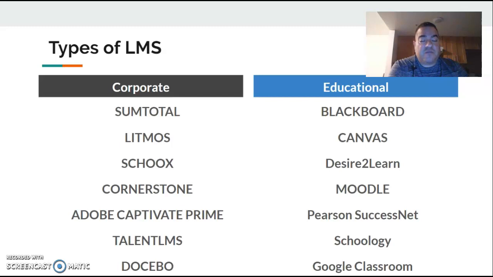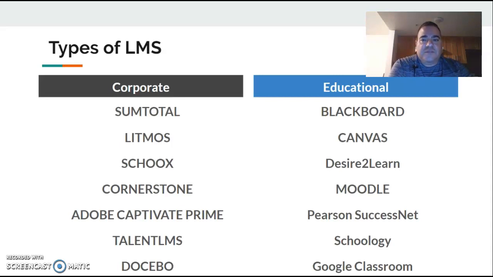They're not cheap, they can be expensive, but they also support a variety of training and learning development needs and human resource compliance needs. So they offer a lot of reporting, a lot of analytics, and the kinds of features that are important to organizations, especially from a tracking perspective.